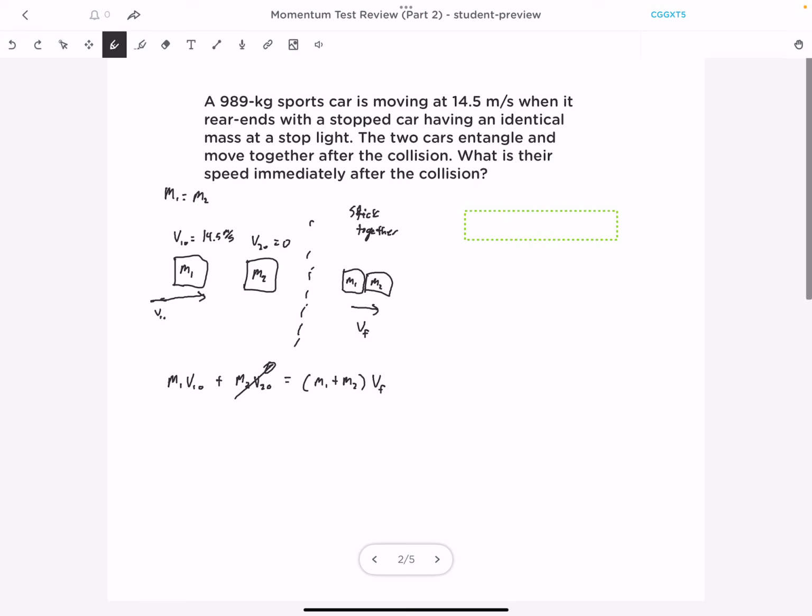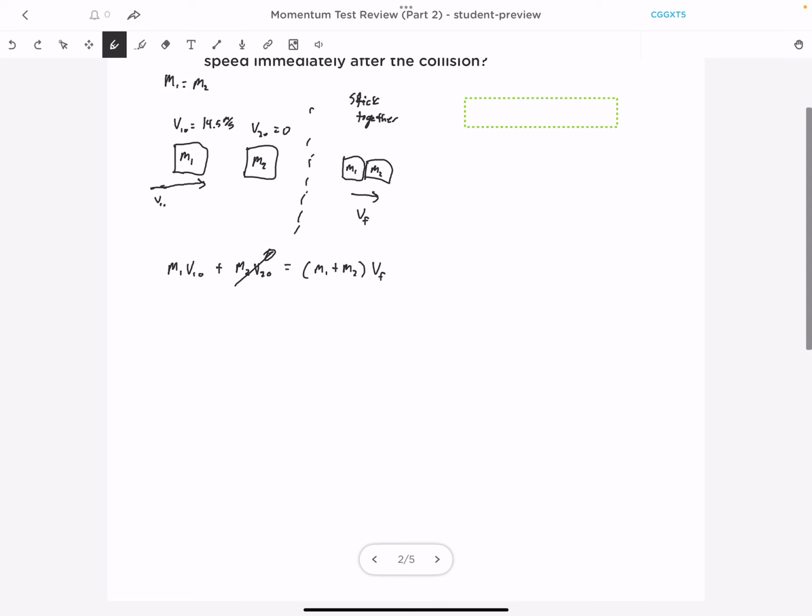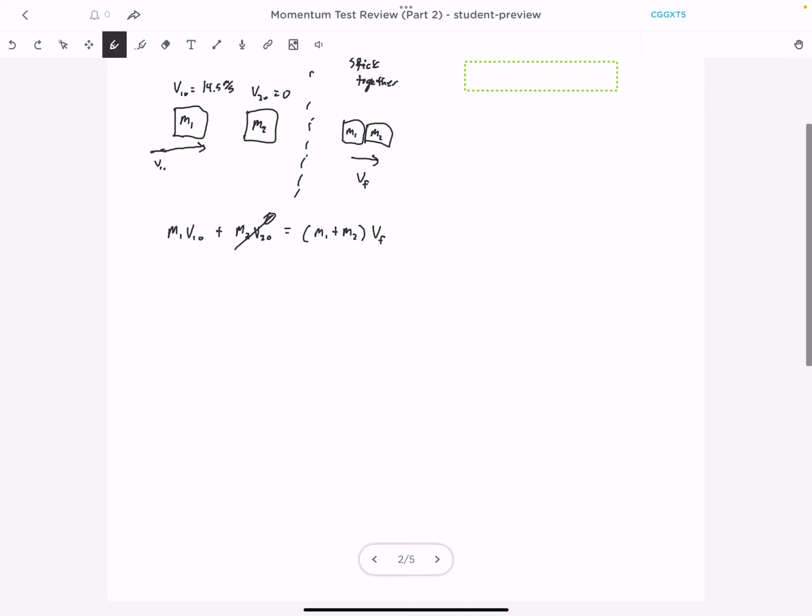So we know that the initial momentum of the car at the stoplight has to be 0 because it's not moving, right? So you have 0 initial velocity. Anything times 0 has to equal 0. And then we also know that these two masses are the same. So I'm just going to write it as 2 times m1. So I have m1 v1 naught plus 0 equals m1 plus m2, but we know m1 is equal to m2.